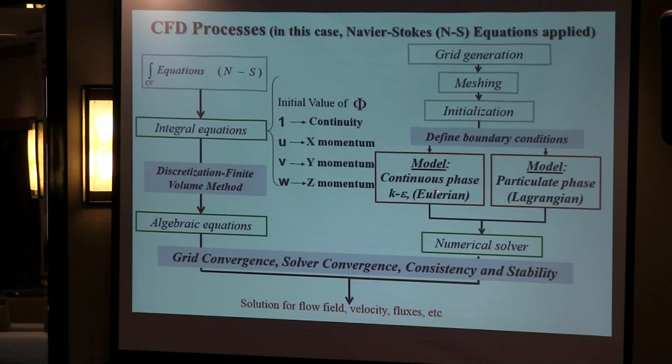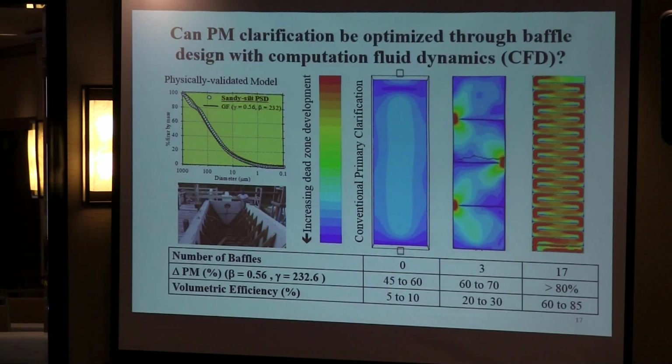We are coupling that in addition with a particle size distribution for the particulate phase using a Lagrangian frame of reference. So, for example, in the urban environment, whether it's wastewater or stormwater, we build treatment devices.